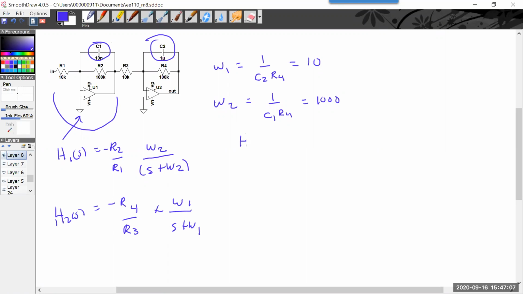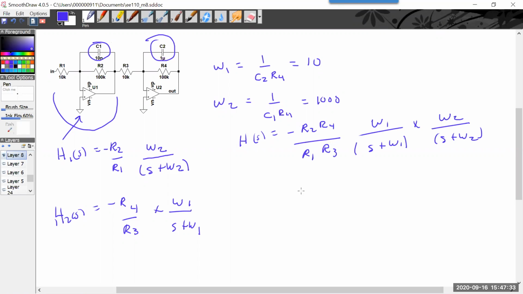Multiply these together to get the total response. That's still what it was before.